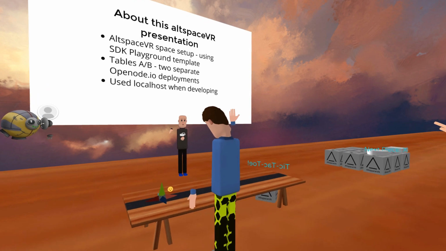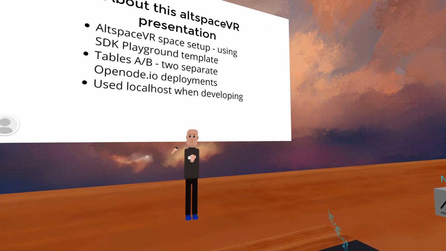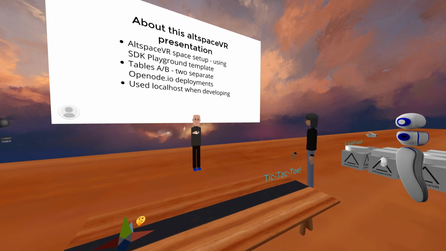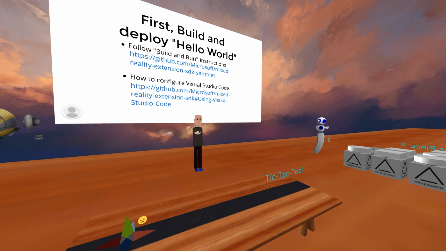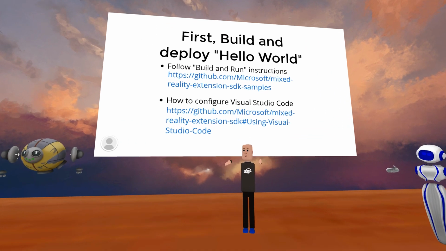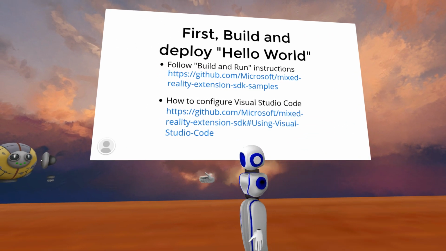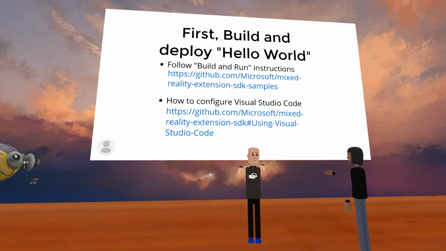When I do my development myself, I actually don't use deployment to a server. I just run on a localhost deployment. But for showing live to you guys, this was the safest way I could find. What I recommend before trying to go through a tutorial like this, we're going to be recording this, and you'll be able to access it on YouTube afterwards.